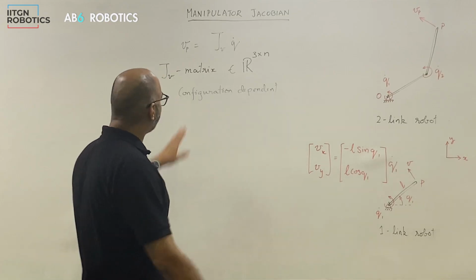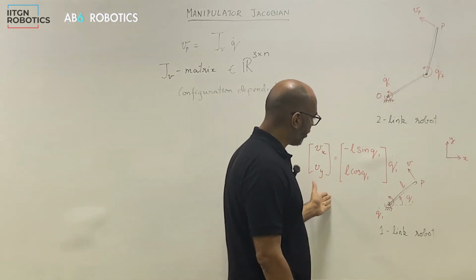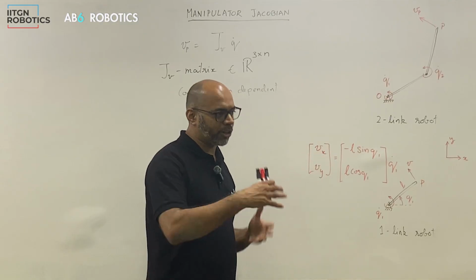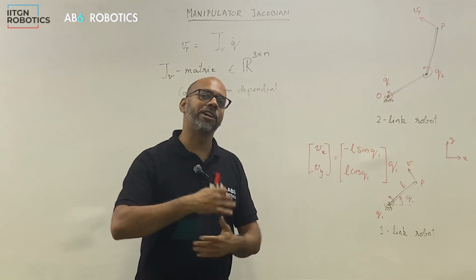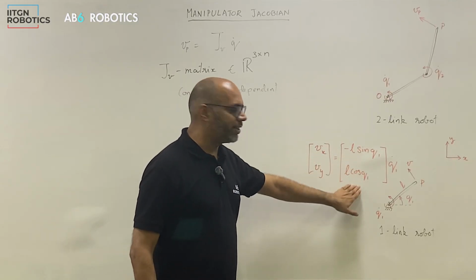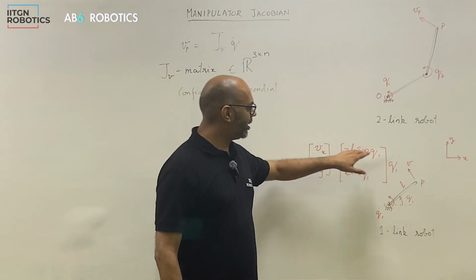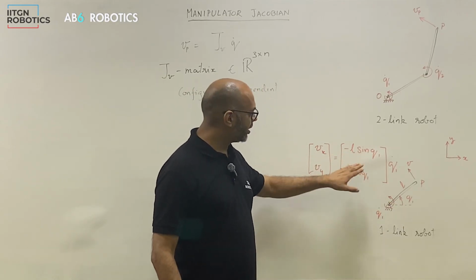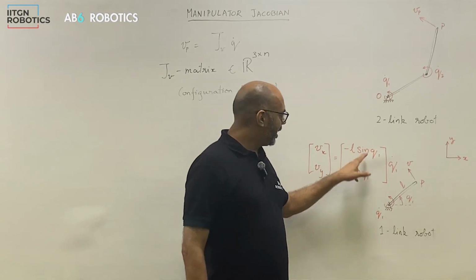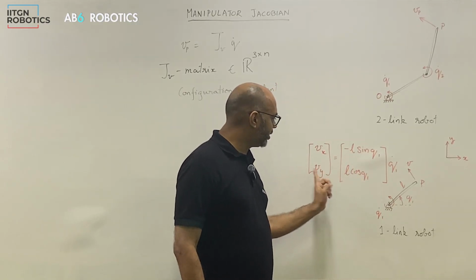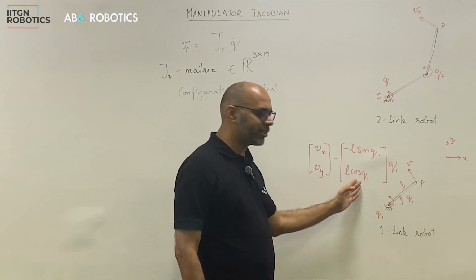The other place you would use quite often is analysis of what is happening in the robot, or what the robot's capabilities are in different configurations. Just like we said here, for a certain angle it is 0 and L, for another angle it is minus L and 0. It helps us see right away that for a certain angle you cannot get y component velocity at all, because this was 0.